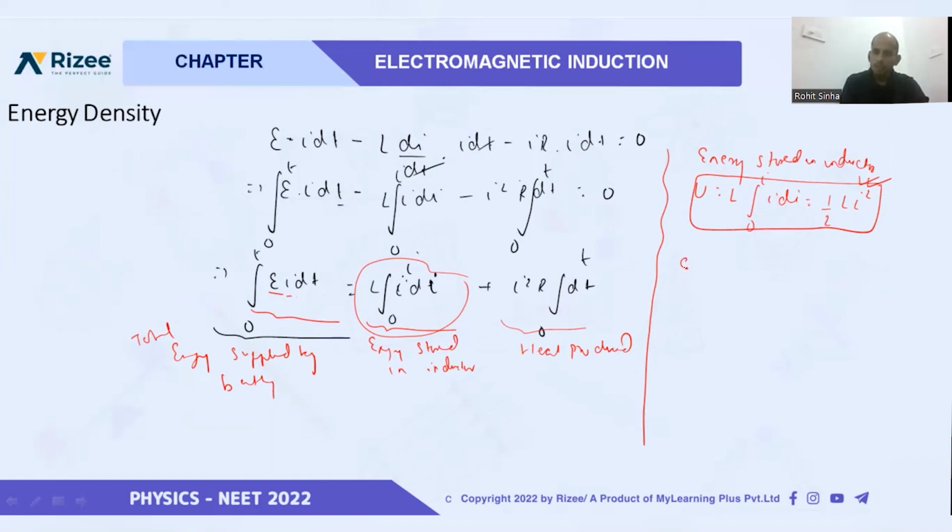Now if we try to find energy density, we denote it by small u. It will be energy stored per volume. What is the volume? This volume, the volume of mid space.